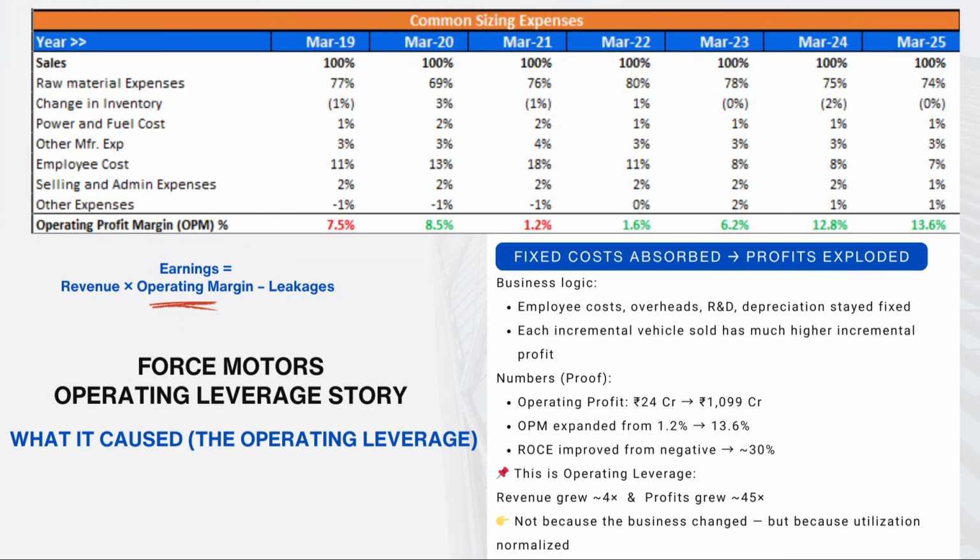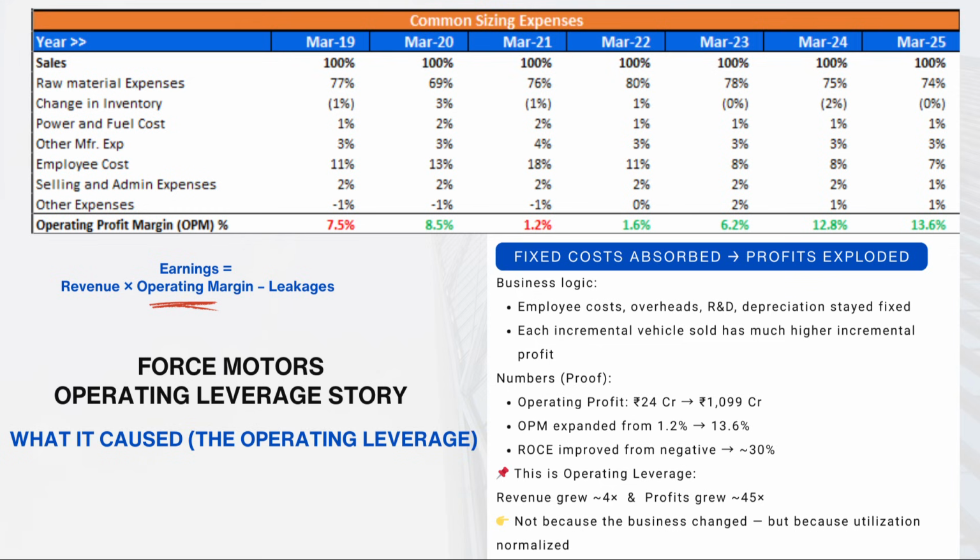Now let's quickly look at the common size P&L. The fixed cost is not increasing in the same proportion as the volume or the revenue, which means the fixed cost has already been absorbed. So every additional vehicle sold now carries much higher incremental profit. And that's what we see in the numbers also. Operating margin earlier was hardly 1 to 2% in the down cycle, and it later moved to 12 to 13%.